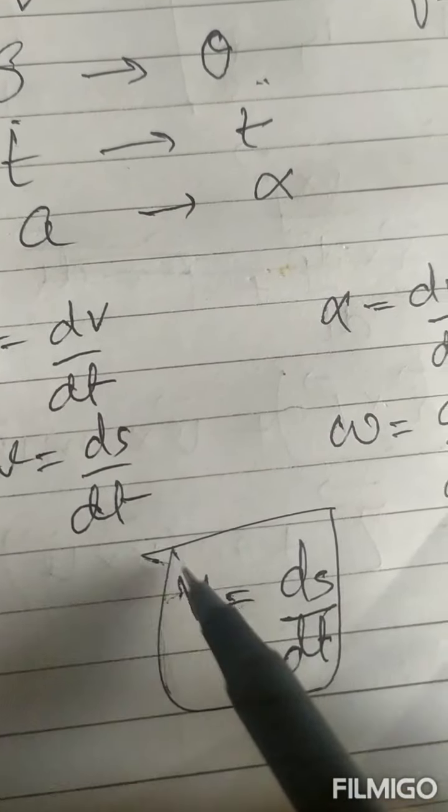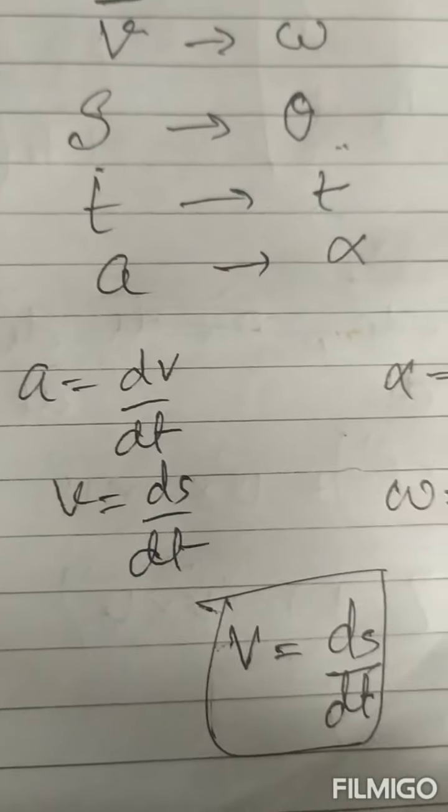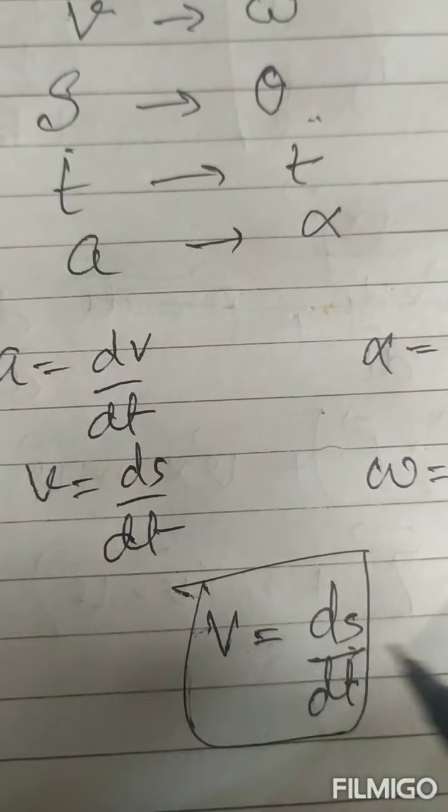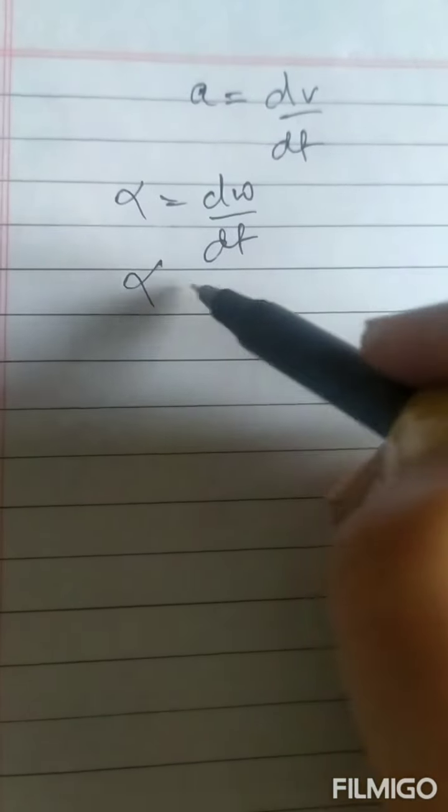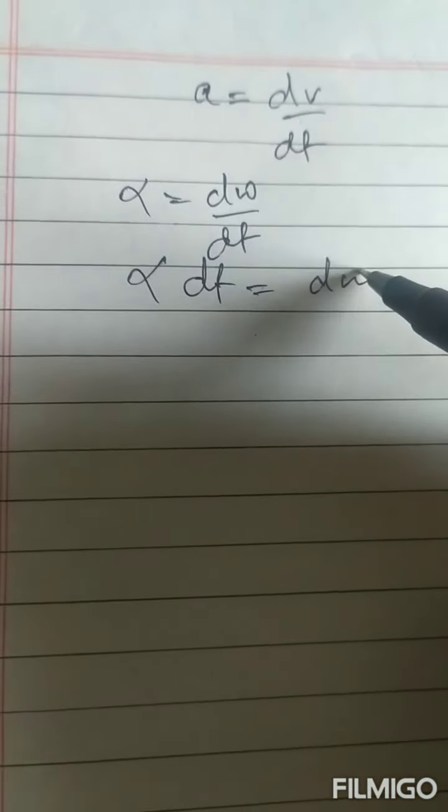We will start from acceleration. As we know, acceleration is dv over dt, so we can write alpha as d omega over dt. Taking dt to the other side, alpha dt is equal to d omega.